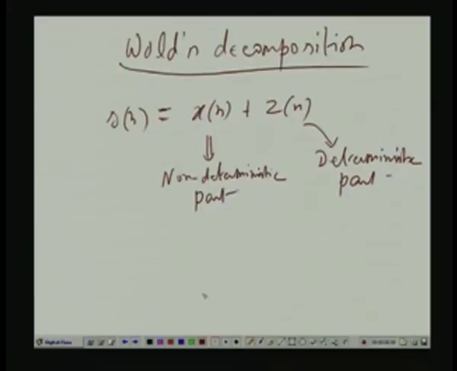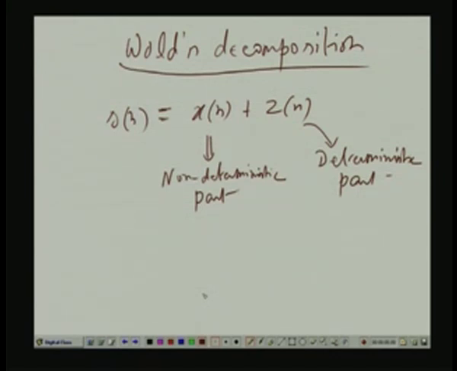That is, if Zn is equal to some C1 times Zn minus 1 plus C2 times Zn minus 2 plus C3 times Zn minus 3 plus dot, then that means that from the entire past of that process Zn, I can accurately describe Zn without any error. Such kind of process is called deterministic process.